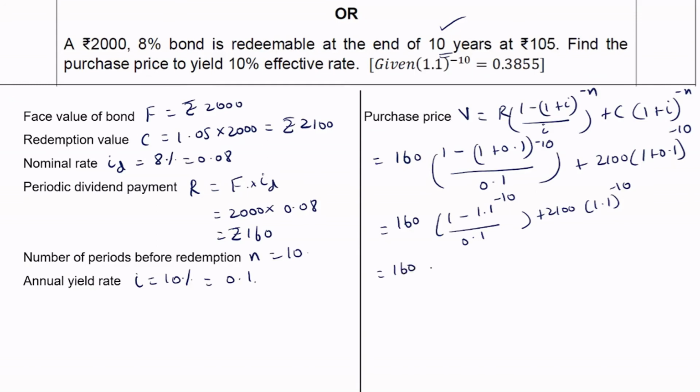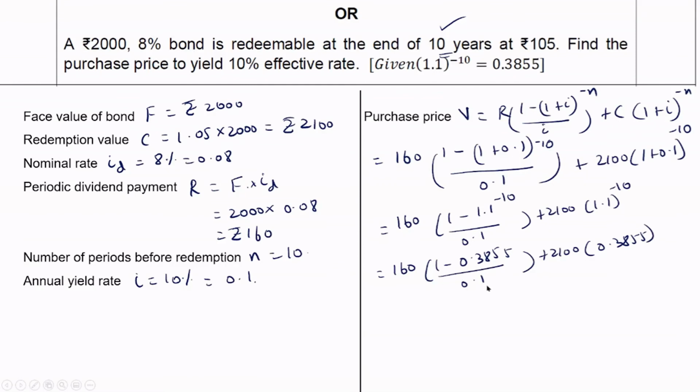So this is 160 into 1 minus 0.3855 upon 0.1 plus 2100 into 0.3855. Here 1 minus 0.3855 is 0.6145.